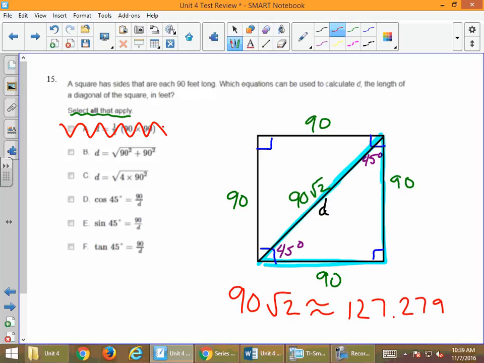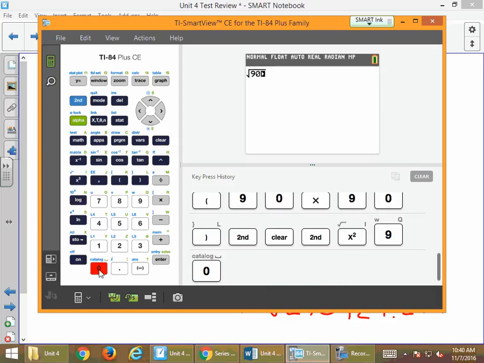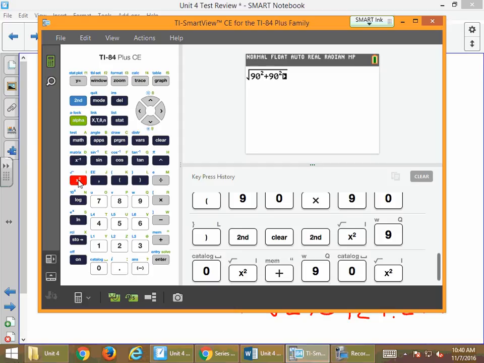Okay, go ahead and plug B into your calculator. With your graphing calculator, you hit second, then second x squared for the square root, and then 90 squared. You can either hit the squared button or the caret button. 90 squared plus 90 squared, then hit enter.